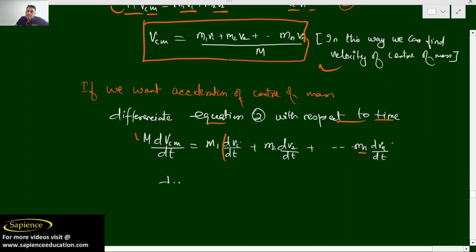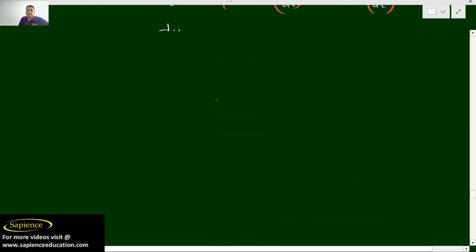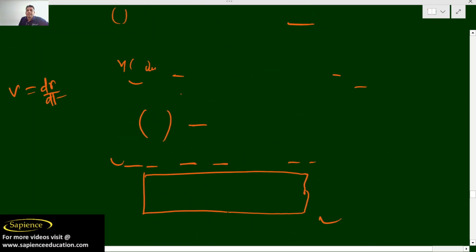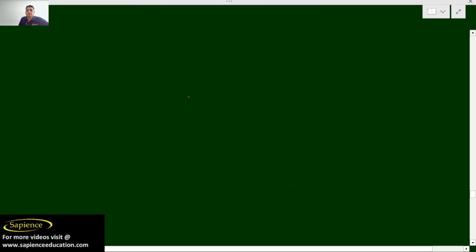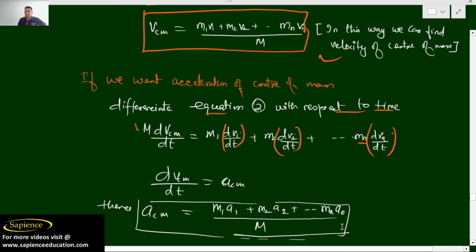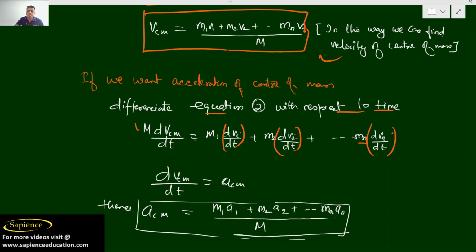Here we have differentiated velocity with respect to time, so we will get the acceleration of the center of mass.